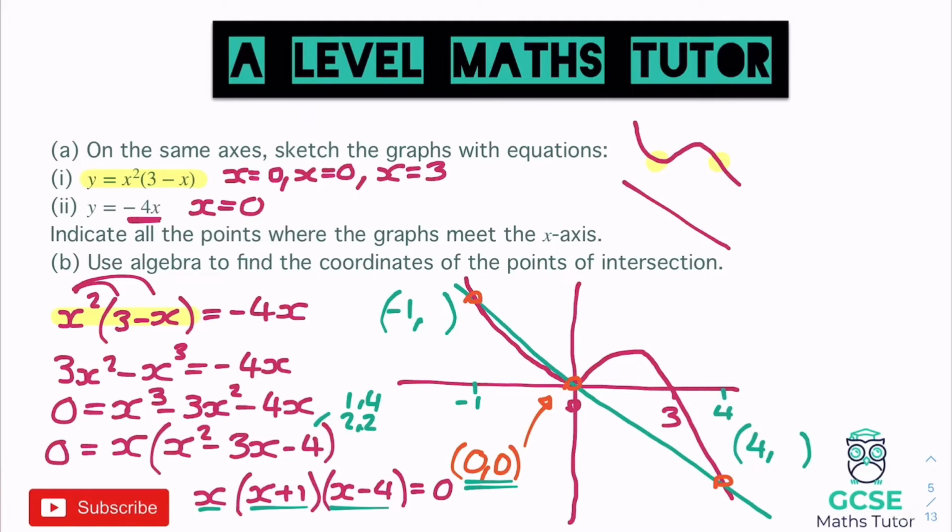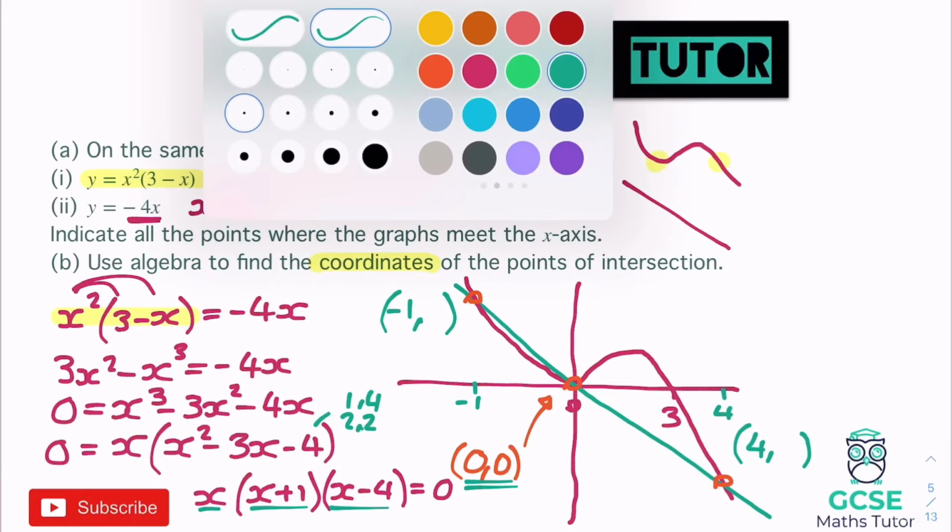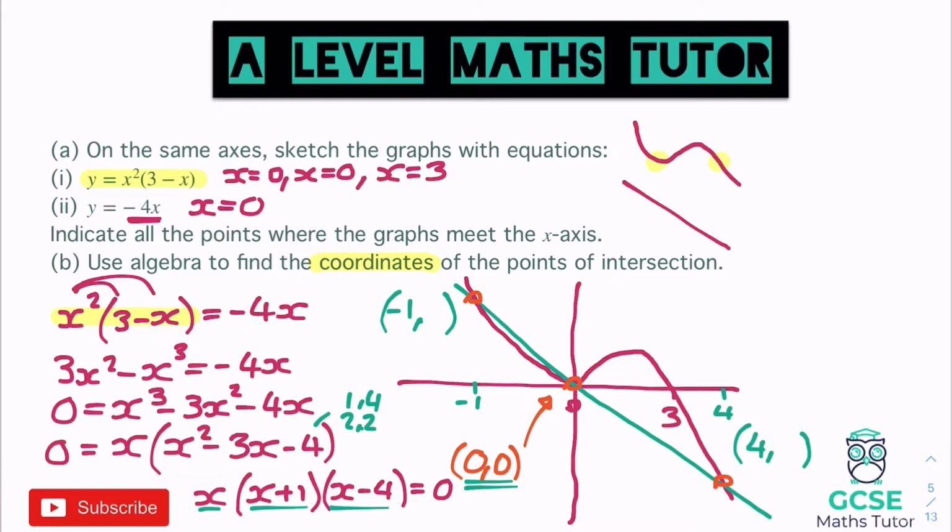Obviously we just need to find the y coordinates, as we have been asked in the question to find the coordinates, not just the x values. So we just need to sub that into one of the equations to find our y coordinate. And I'm going to go for this second one here, as it's a little bit easier to substitute into. We just need to multiply x by negative 4. So if y equals minus 4x, and when x equals minus 1, y is going to equal negative 4 times that, it'll be positive 4.